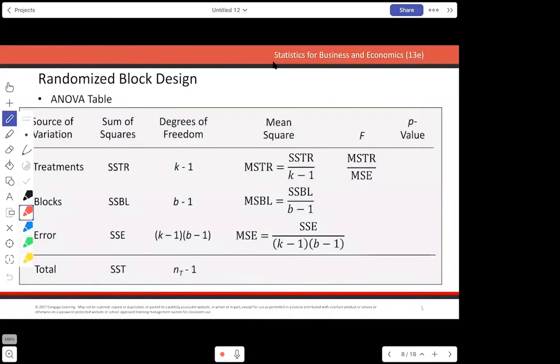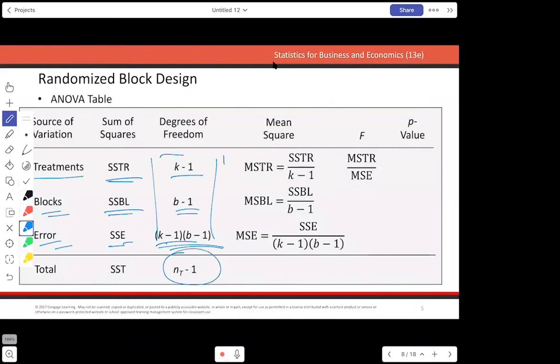That's all that we've done, is add an additional row. So for treatments, SSTR, K minus 1. For blocks, SSBL, B minus 1. For error, SSE, which is what's left, K minus 1 times B minus 1. When you add them all together, you get NT minus 1.